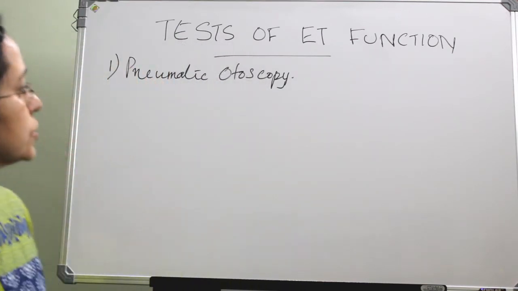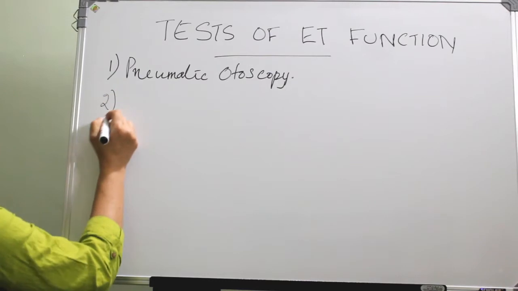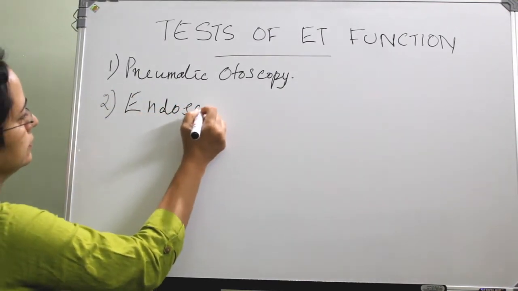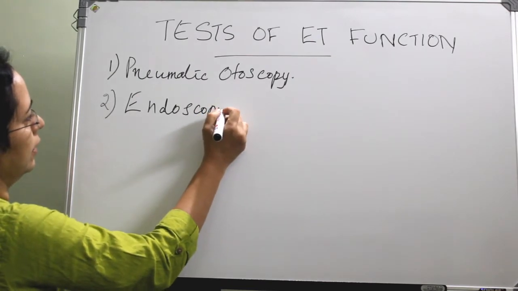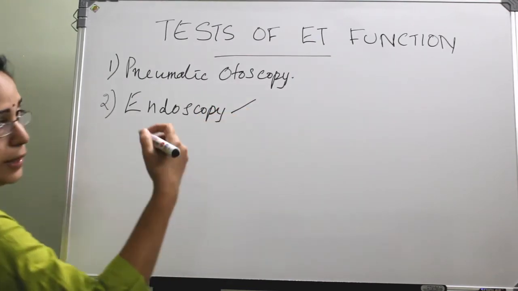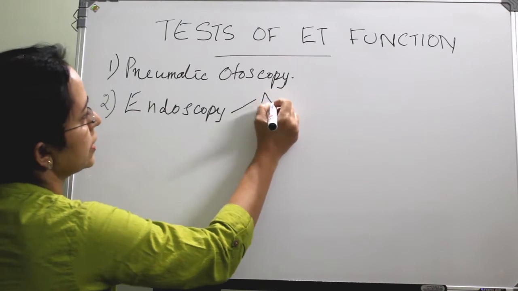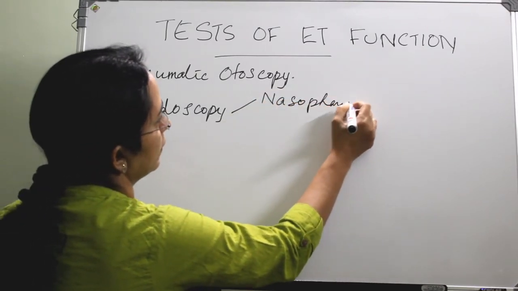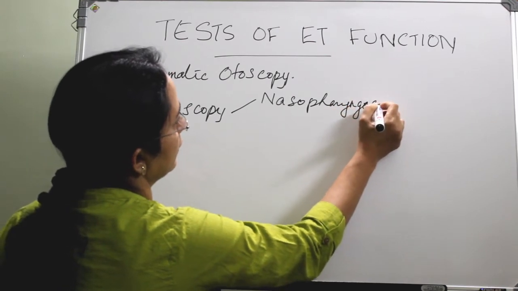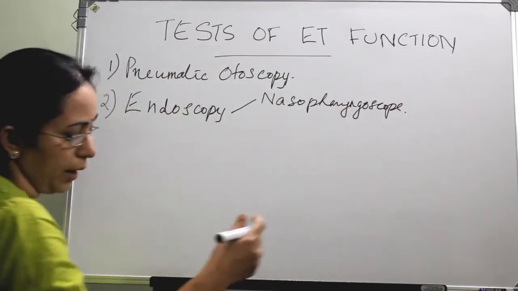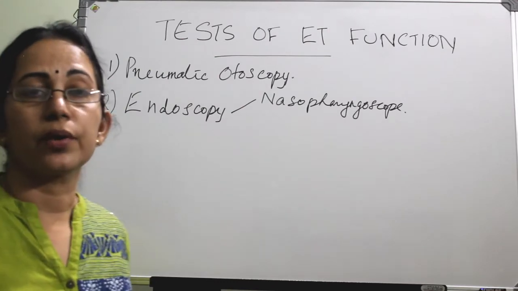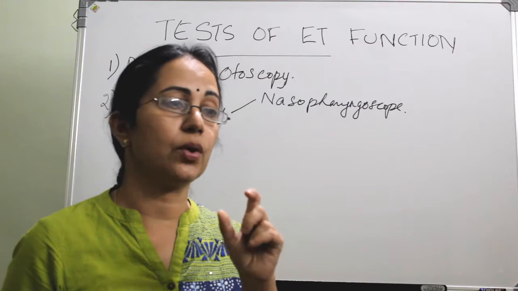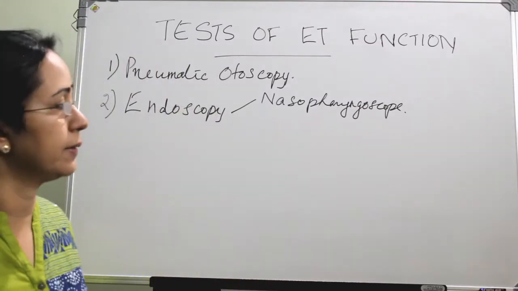So the second test is endoscopy. What are the endoscopes you can use? You can use a nasopharyngoscope, either a rigid scope or a flexible nasopharyngoscope, so that the nasopharyngeal opening of the Eustachian tube can be clearly seen.